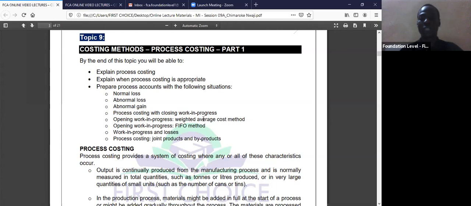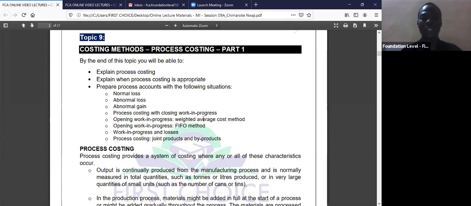And I told us that process costing is different from job costing and batch costing and service costing, which we did last week. Now, one of the major differences is that job costing and batch costing are kind of special.